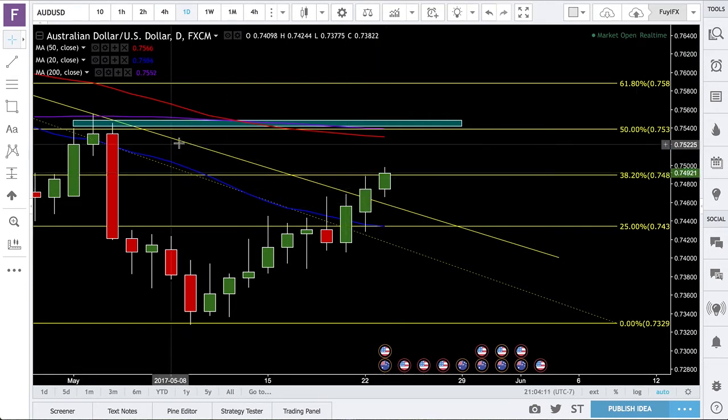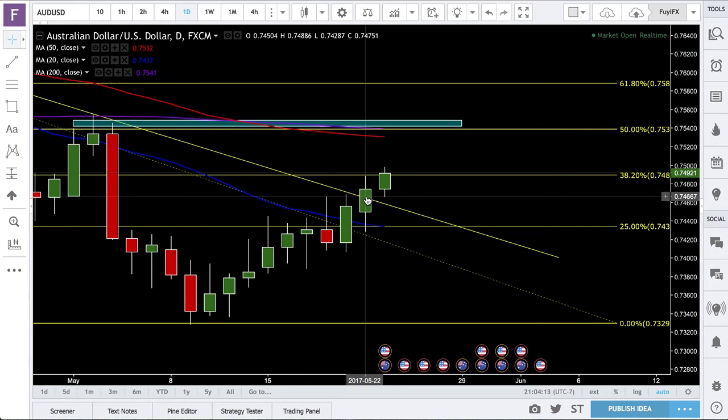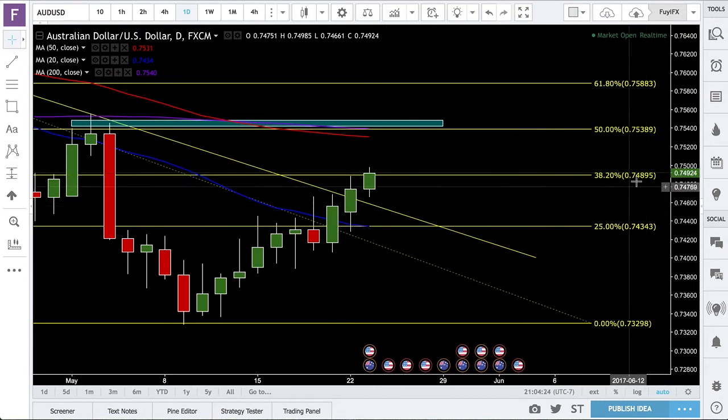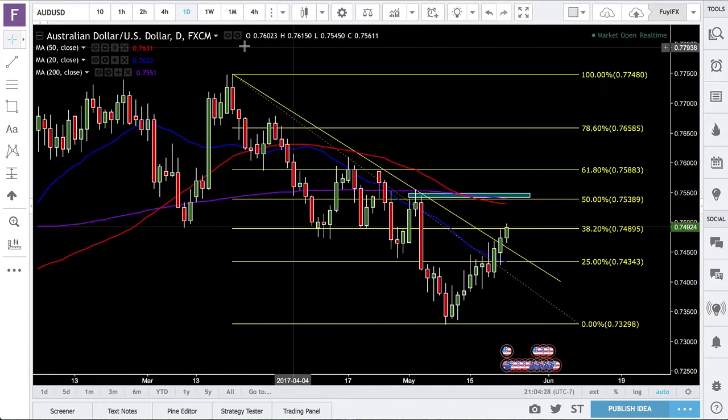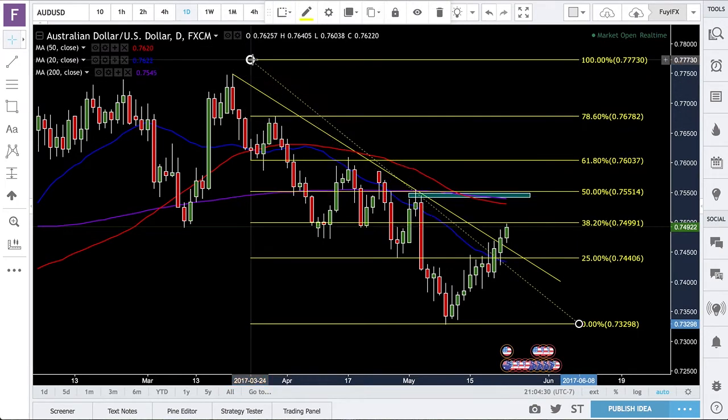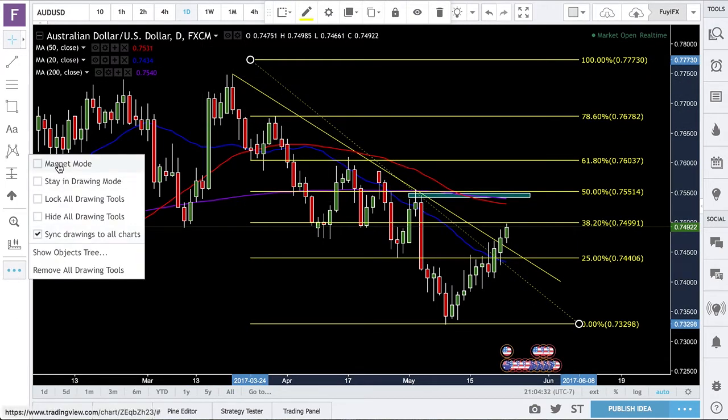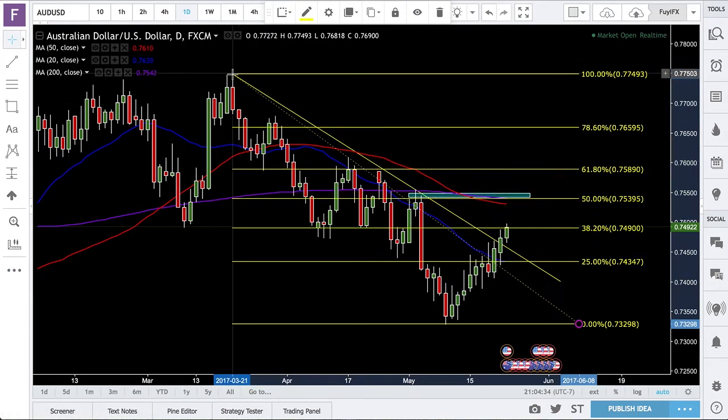We still closed above the trend line, so that was good. The next day, today, we came back and almost retested that trend line, and now we are fighting that 382 level here at 0.74, call it 0.75 even number. My fib wasn't snapped exactly right, but you get the point.